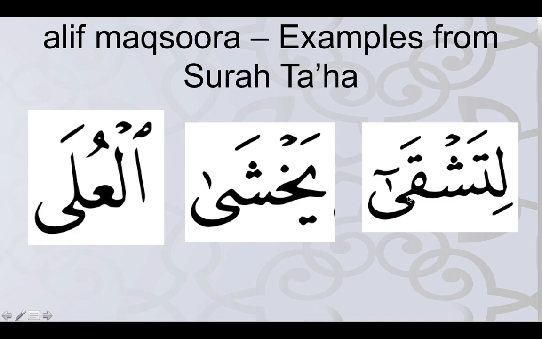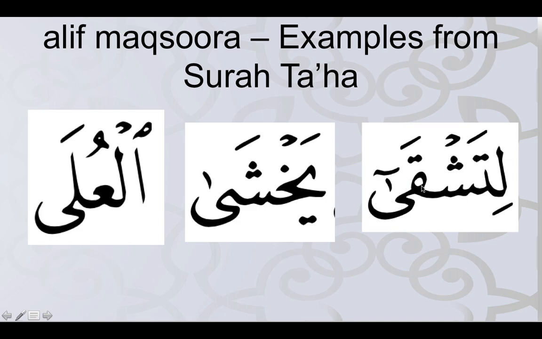Litashqa. Notice this is the medial form of the letter qaf, and this is the final form of the letter ya. But this is an Alif Maqsoora. The reason is that when written, there's a small standing alif on top of it, letting you know that this is qaf and this is a ya.